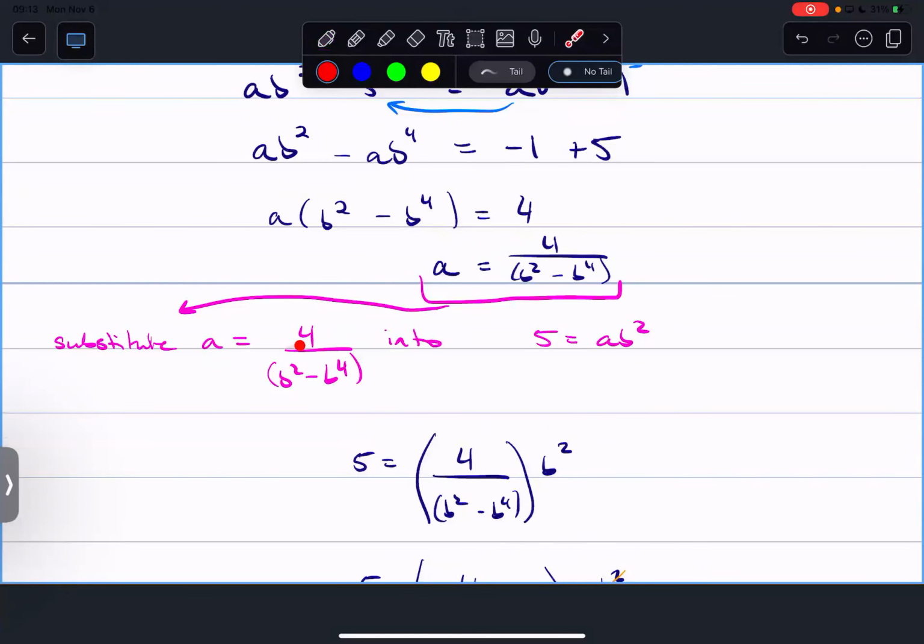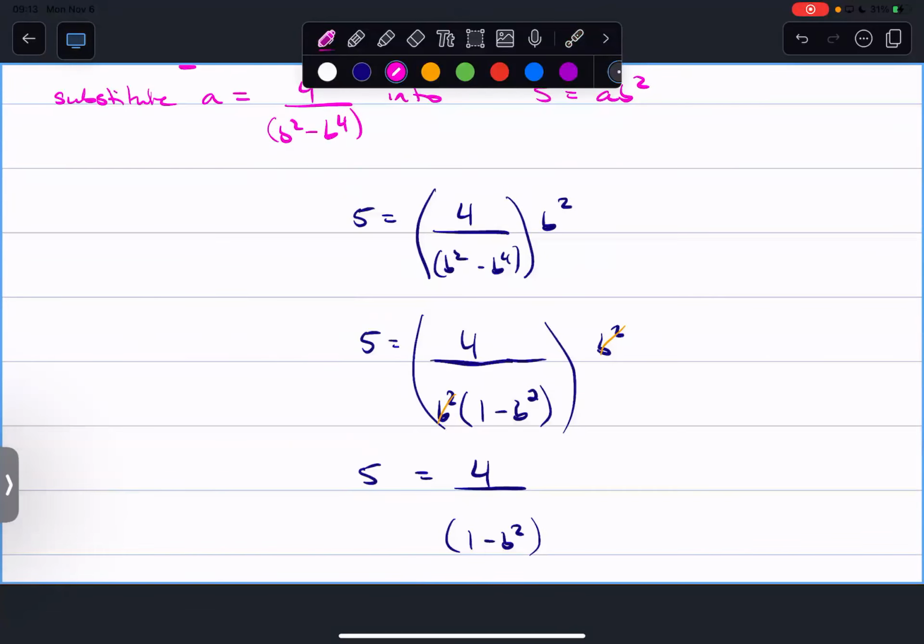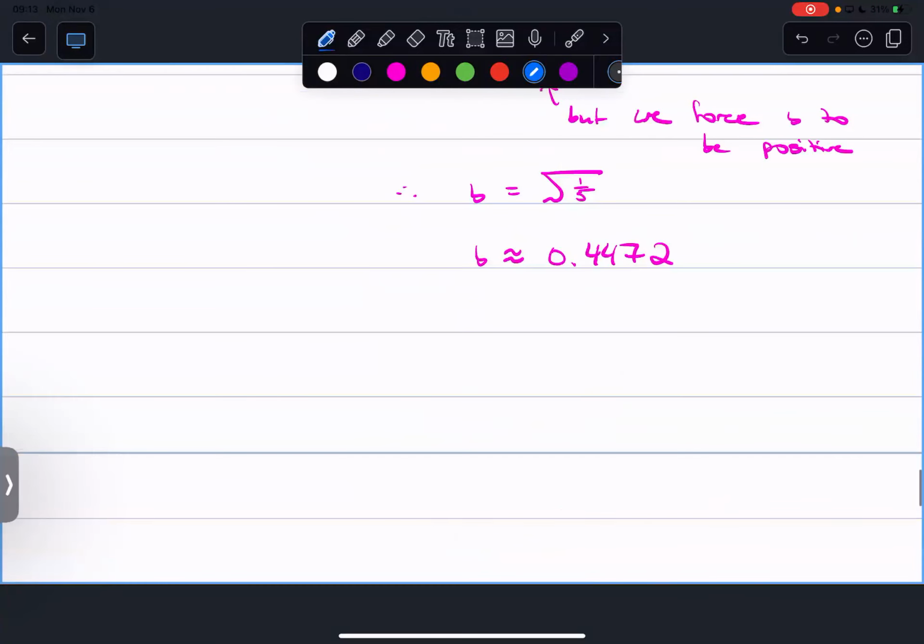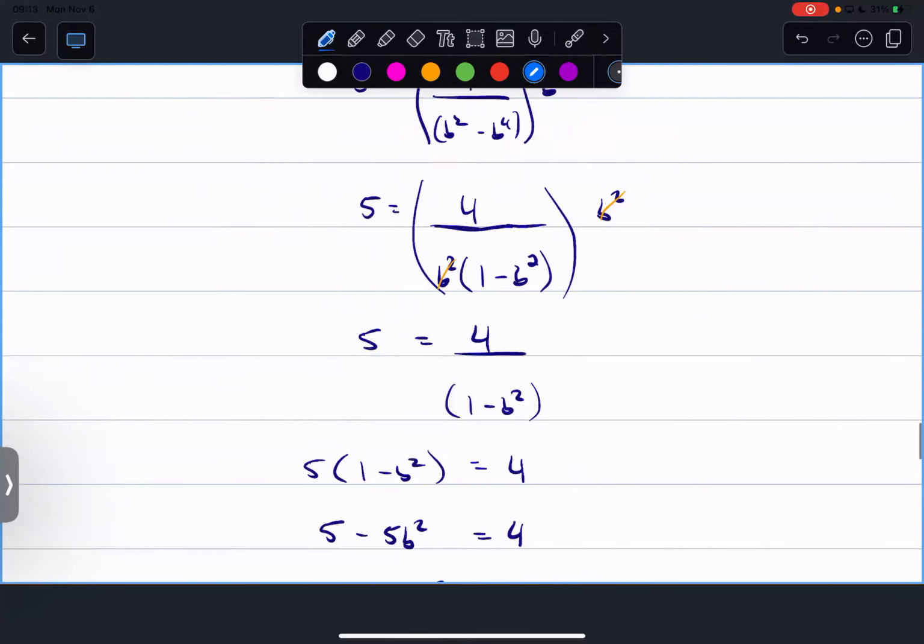A is 4 divided by b squared minus b to the 4. Hey, maybe we should keep the square roots, get the exact values. That might be nice. So now, recall, A was 4 over b squared minus b to the 4.